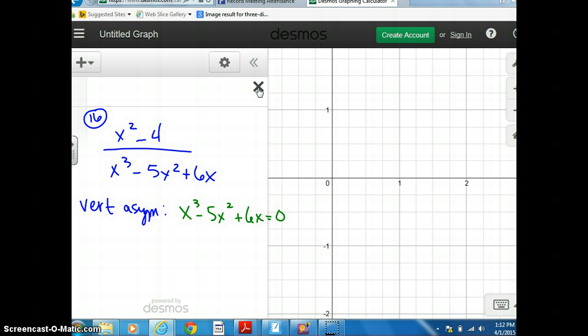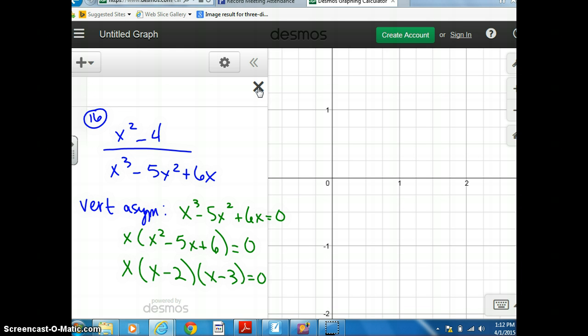And then to find out when it equals 0, we have to solve. We actually have to do a little factoring here. We have an x in each term, so I'm going to take out a common monomial of x. And then I'm also going to see if I can factor this trinomial a little bit. And I can, factors of 6 that give me -5 would be -3 and -2, so x minus 2 and x minus 3.